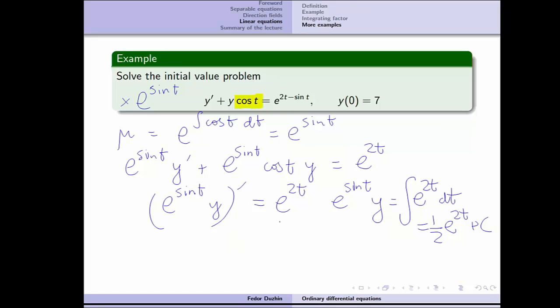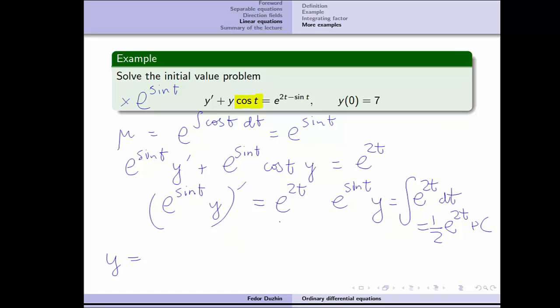So therefore, y. By the way, we could have found the constant here, but for linear equations it doesn't really matter whether you do it now or you do it later. So let me just do it later. It means that y is, so we need to solve for y, which means we have to divide the whole thing by e to the sine t.